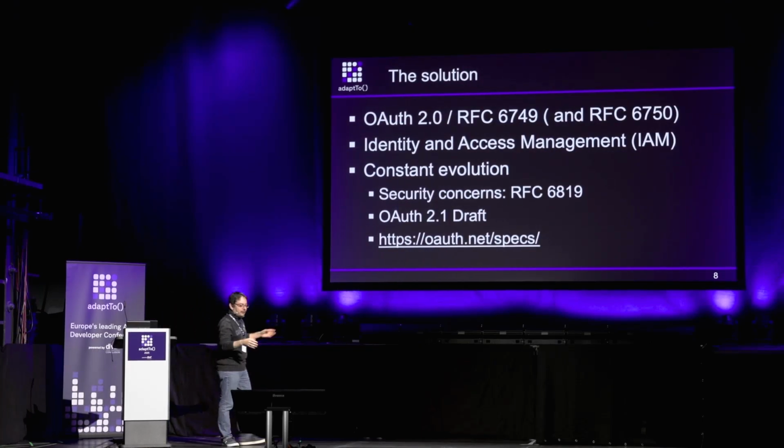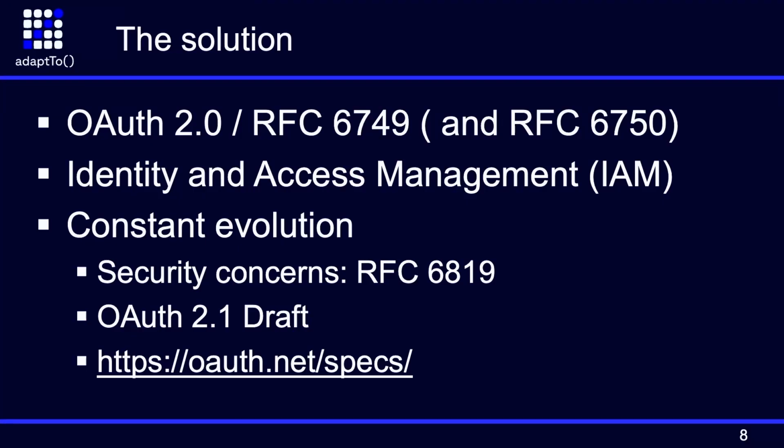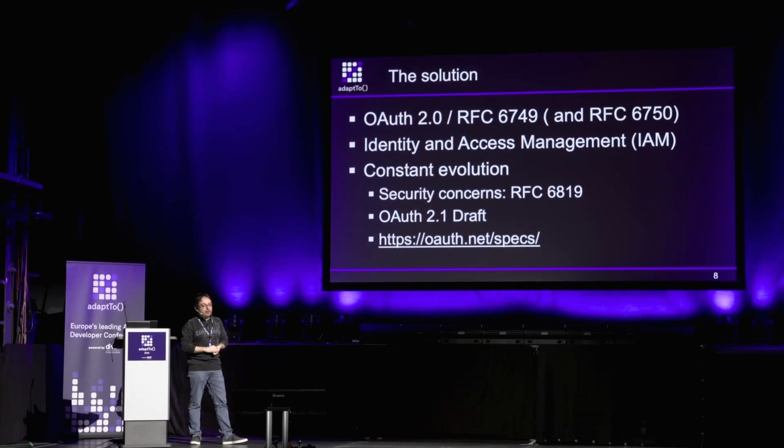Okay, I add a bit more of trivia here. You can see the RFCs where we describe OAuth 2.0. Very interesting RFCs, very clear, nice. I also want to mention that this didn't appear in isolation. There is a community that works in identity and access management, and this community is pushing forward, and it continues working way more after OAuth, right?